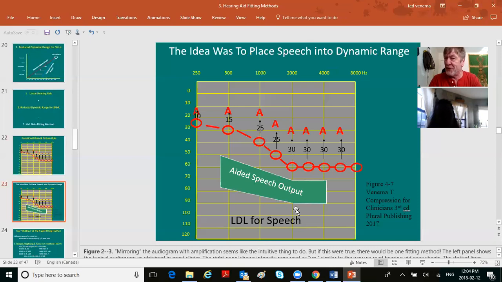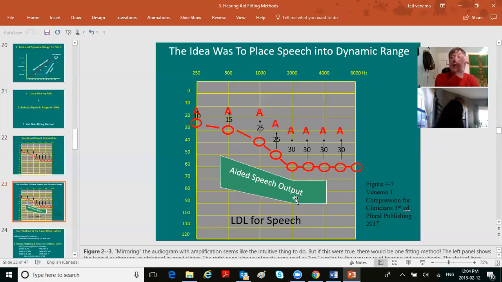You see what I'm saying? If I amplify input speech, which is 50 to 60 decibels, and I amplify it by half the degree of his loss, namely 20 to 30, then my output will sit here, nicely in his dynamic range. Input plus gain is output.